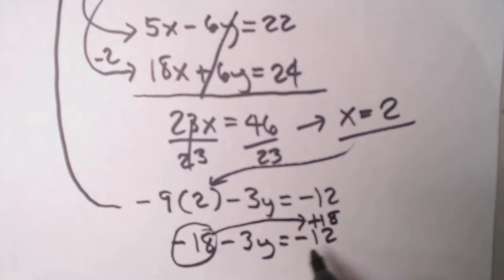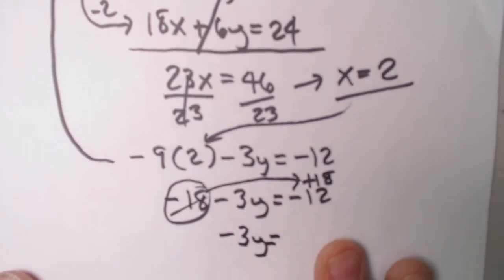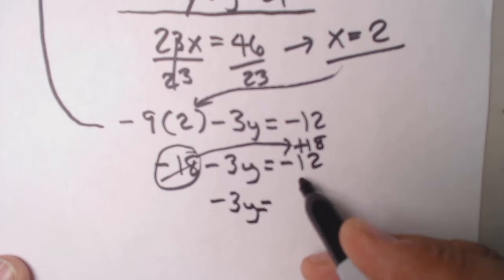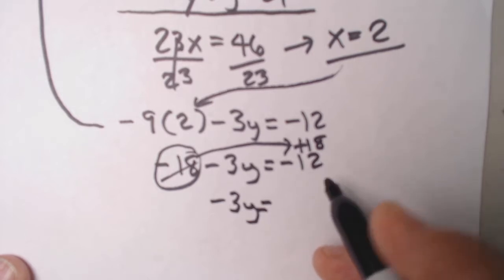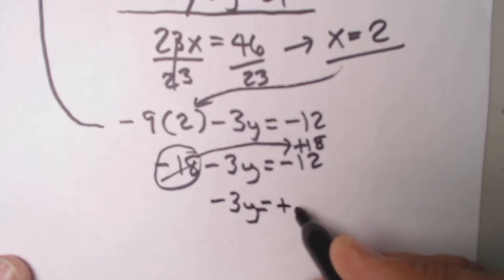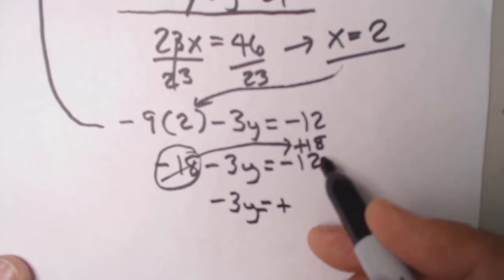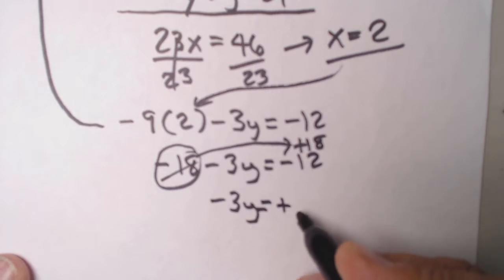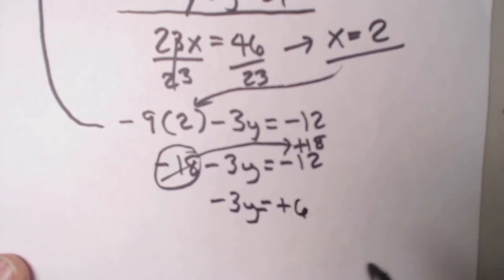I move that. I got negative 3y equals, well, let's see, it's plus 18 and minus 12. Positive definitely wins, by 6.